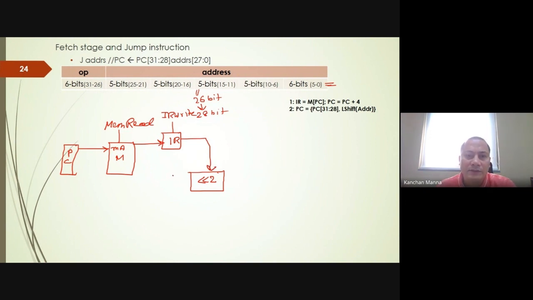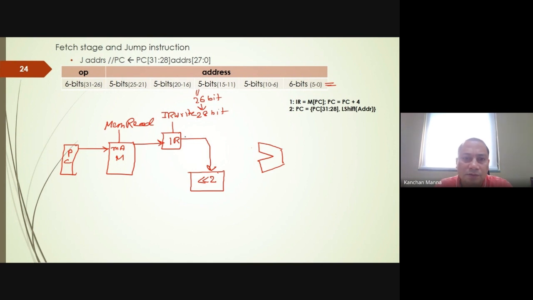And we have to also perform PC plus 4. We'll do that PC plus 4 using the ALU.